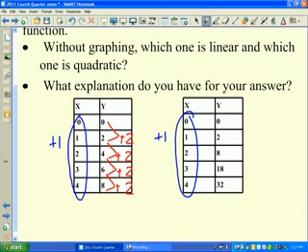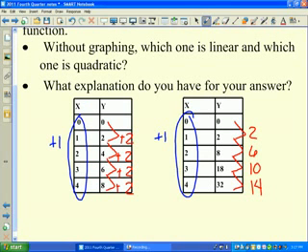If I take the difference over here, I don't have that same answer. I get 2, 6, 10, and 14. In the table on the left-hand side, once I see the pattern, I see right away that I have a constant answer of 2.